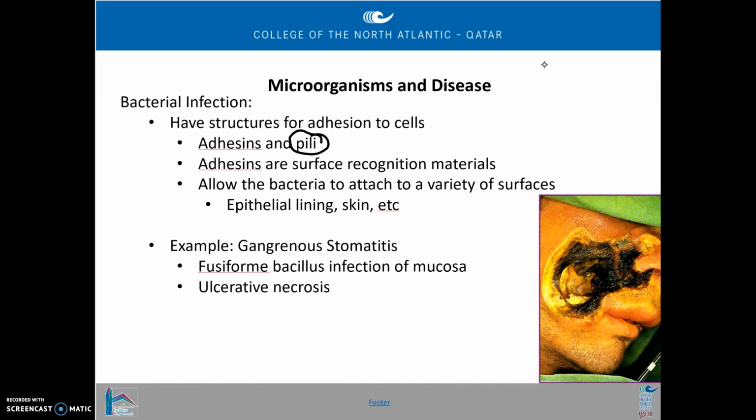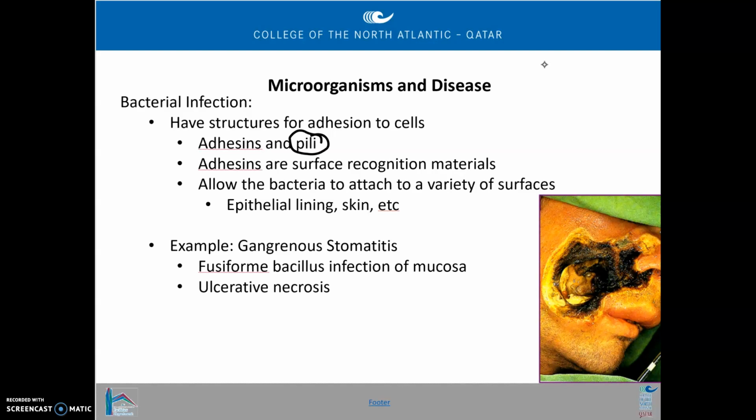They allow the bacteria to stick on a surface and recognize materials. So these adhesins are going to help the bacteria stick onto the epithelial linings, skin. It's going to help them make contact and stick to a place, and that's when they stick to a surface. That's when they can cause infection.